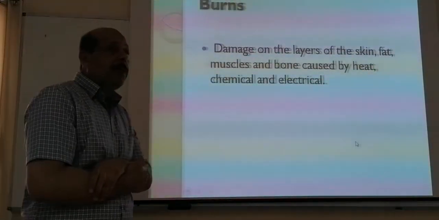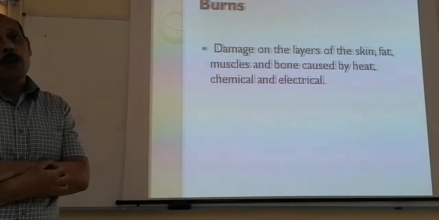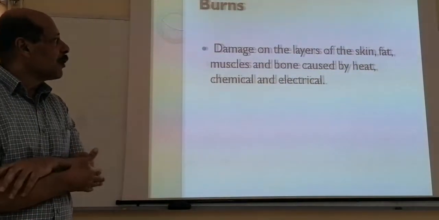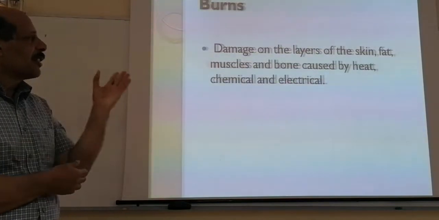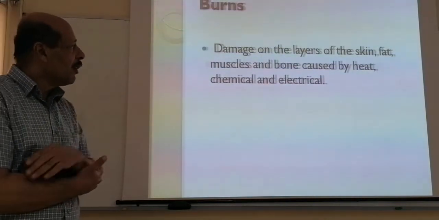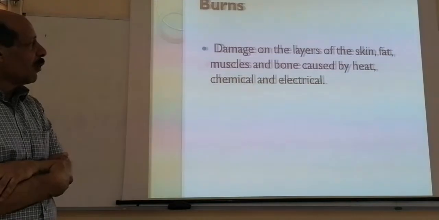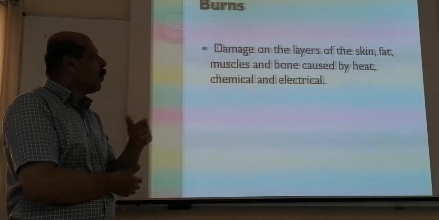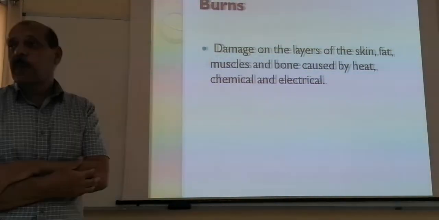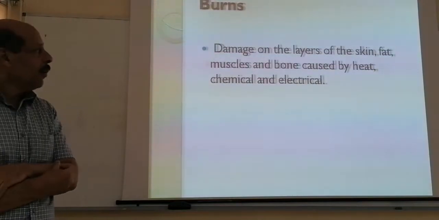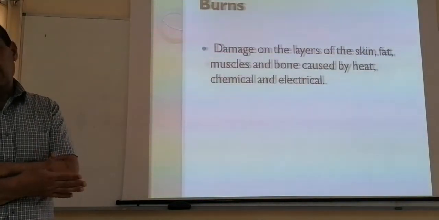The other thing which also affects the soft tissue is damage to the layer of the skin, which is the burn. A burn is damage of the layer of the skin, or fat, or muscle, or even the bone, caused by heat, or it might be caused by chemicals or electricity.